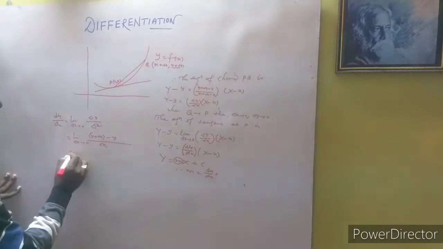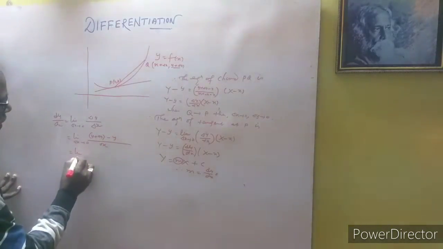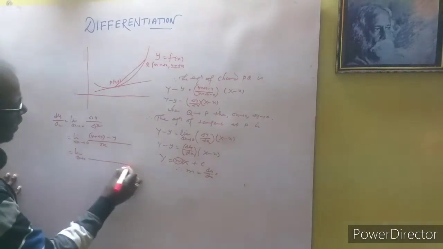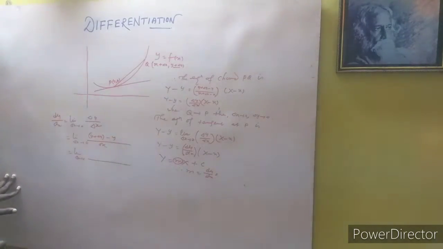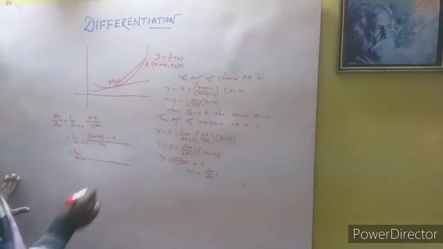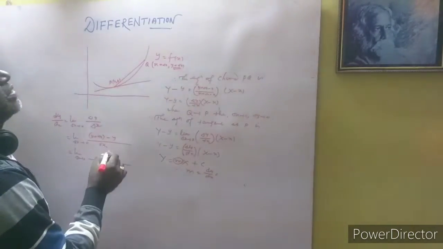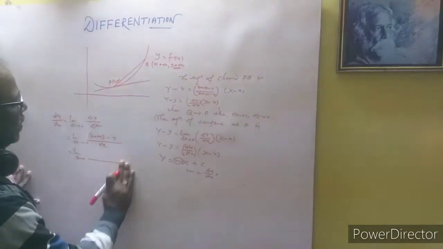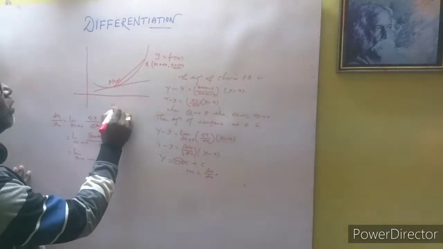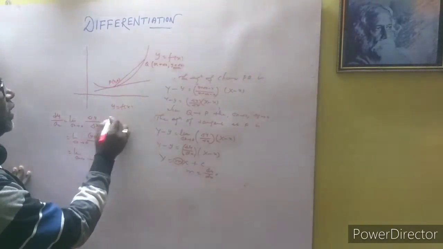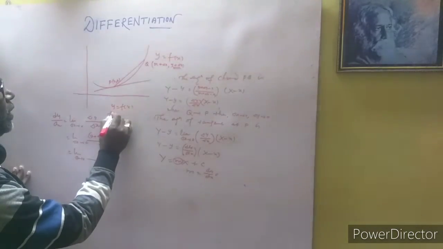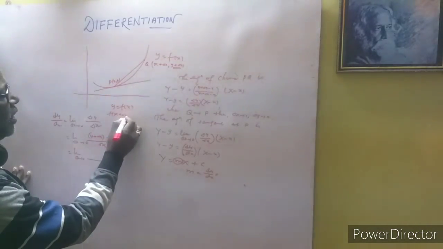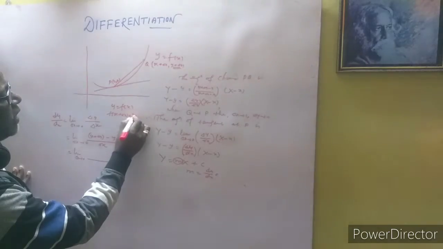So again, rewrite del x tends to 0 here, and y plus del y. If the point is y plus del y, you have the given function y equal to f of x. If we put here x plus del x, then the value of y is y plus del y.